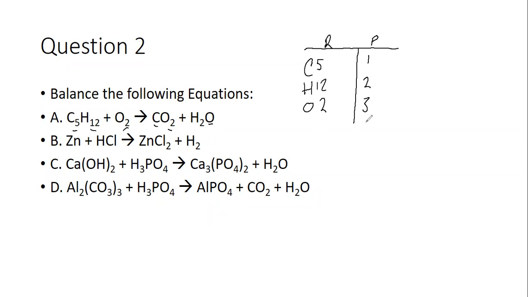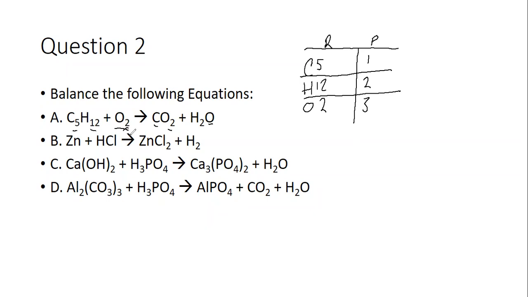Now, let's try and balance this reaction. I need to have the numbers be the same. That is, the number of carbon in the reactants has to be the same as in the products. Hydrogen has to be the same in reactants and products. Oxygen has to be the same in reactants and products. Generally, when I balance, if an element is by itself, like O2, I will try to balance oxygen last.